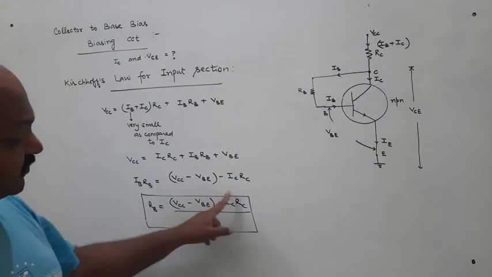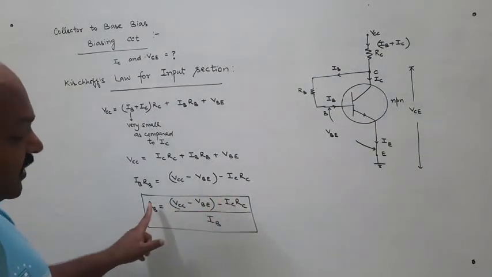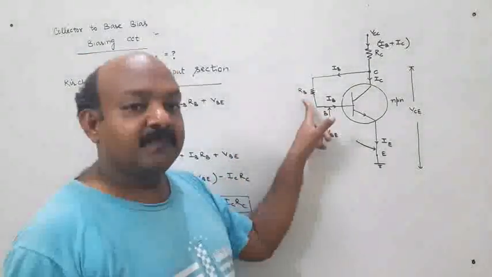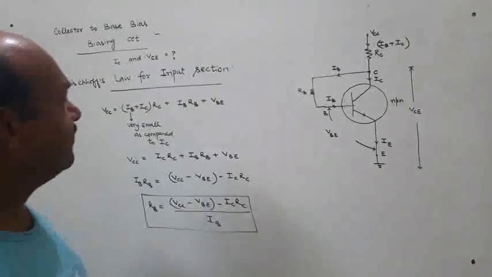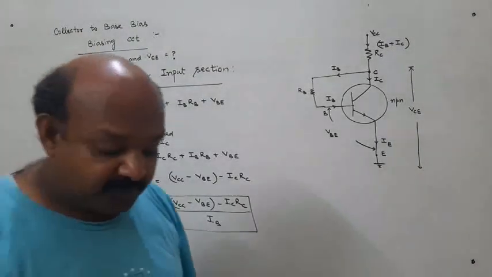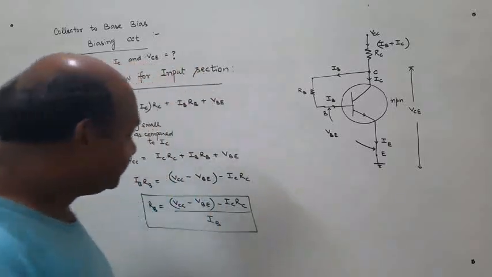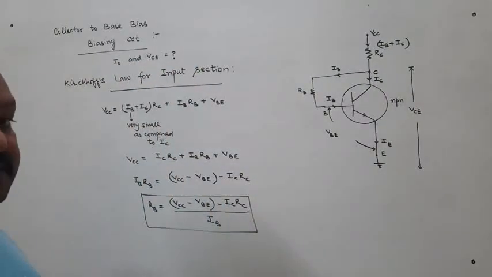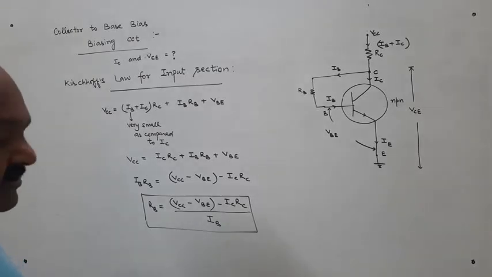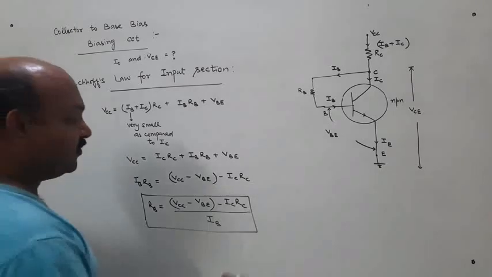By using this formulation, if we calculate a suitable value of RB and connect that value here, then this circuit will behave properly as a collector to base biasing circuit.